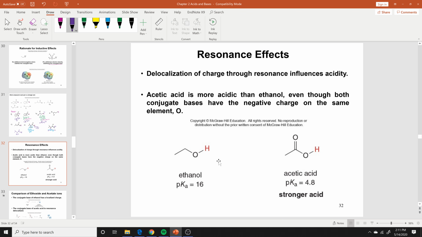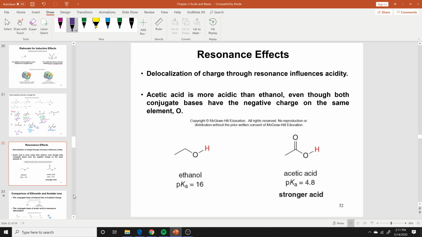Then the third effect is the resonance effect. The same idea. You need your conjugate base to be stable. If your conjugate base is stable, this means that the charge or the electron density is spread over a larger surface area. So it's exactly the same thing. Here I'm comparing ethanol and acetic acid, and we're seeing which one is a stronger acid.